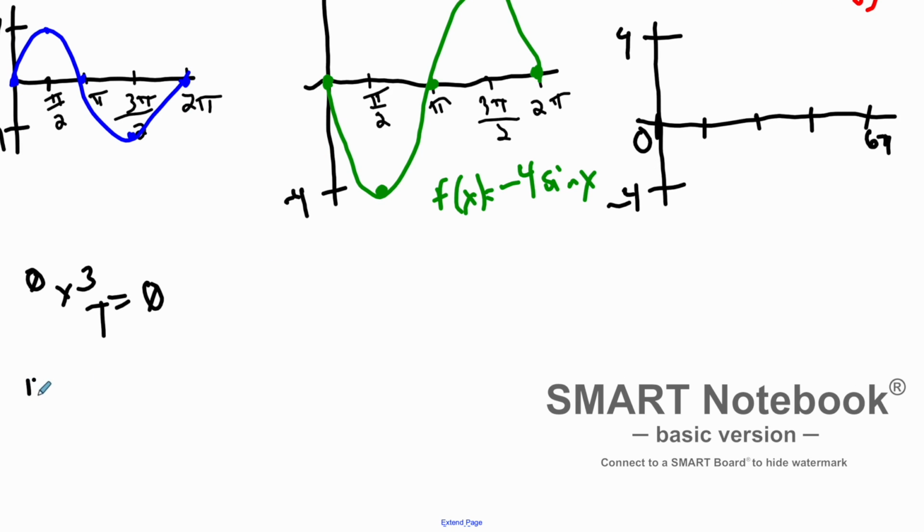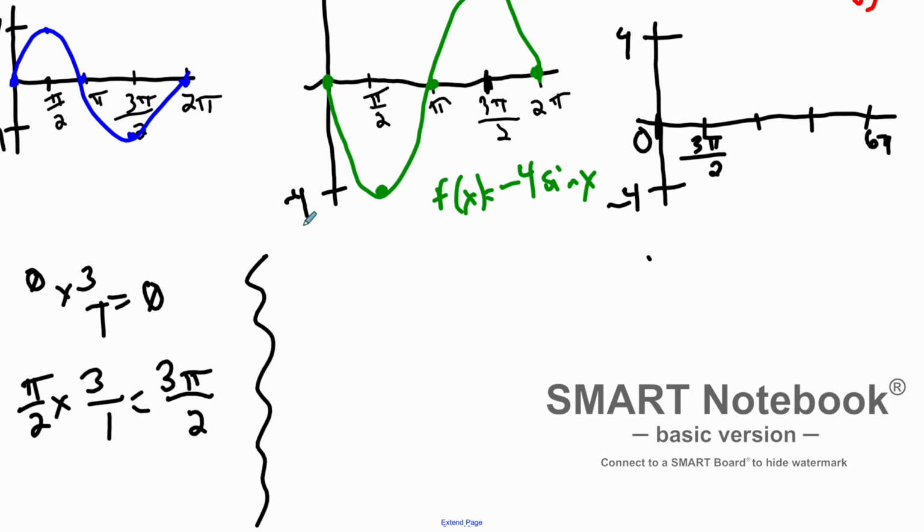So I'm going to take pi over 2, multiply by the reciprocal of 1/3, which is 3 over 1, to give me 3 pi over 2. So here's my first point now at 3 pi over 2. Which we can see here, that's where this point was right here. So we can see how much this graph is stretched out. My second point is all the way out here at 3 pi over 2.